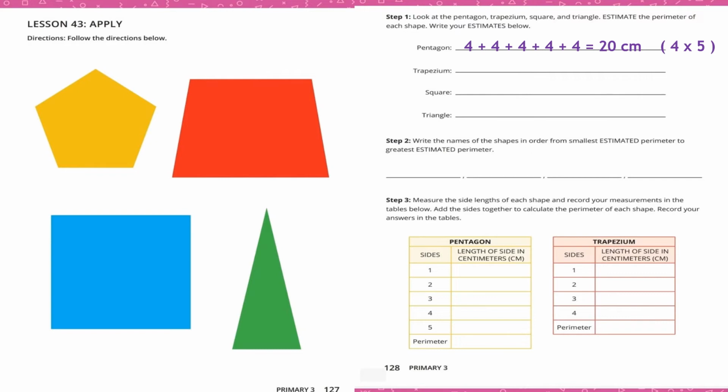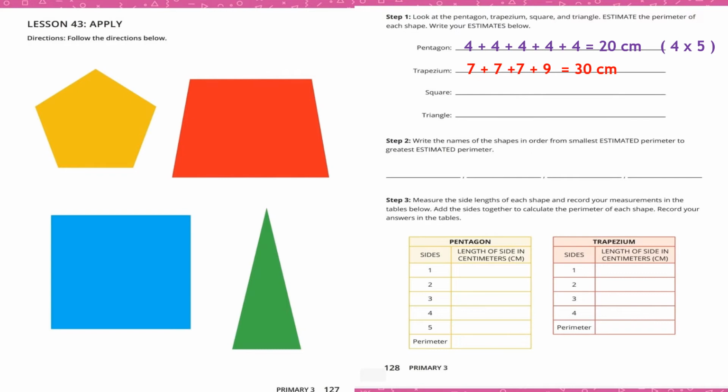The second shape is trapezium. If we want to guess its side length, it will be 7 plus 7 plus 7, and the big side may be 9. So 7 plus 7 plus 7 plus 9 equals 30 centimeters.